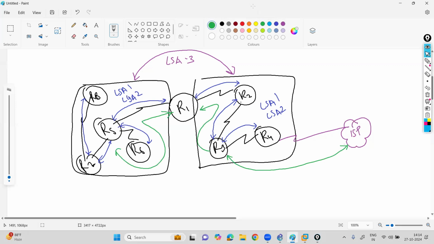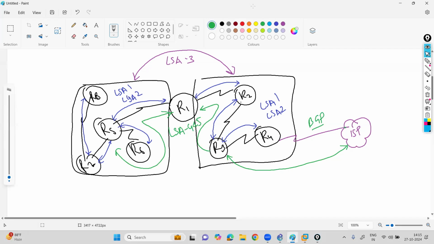But these types of LSAs, when received from the ISP or another protocol like BGP, because it is connected with the ISP, the data will be received in the form of LSA type 4 and 5.